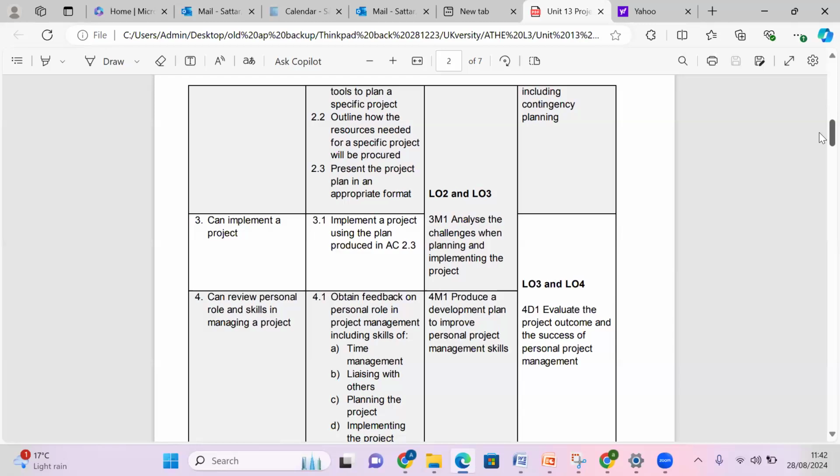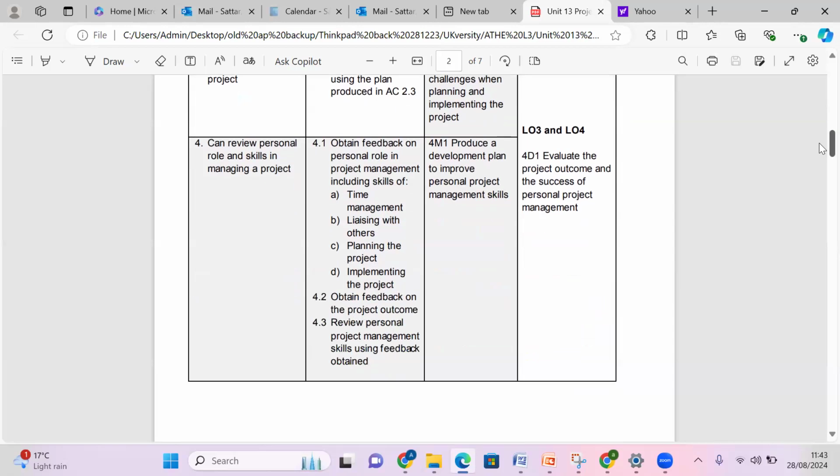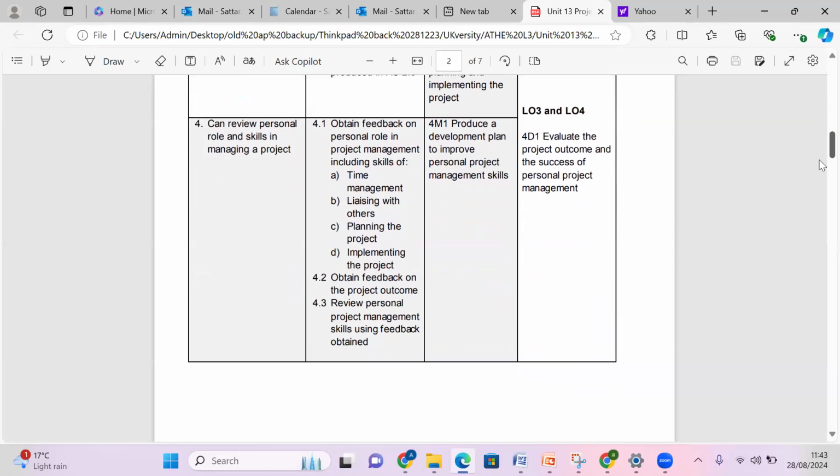It's quite good to have knowledge of project management software. I'll upload the manual, and that will also help you learn. It's good for employment, because at the end of the day we use software to manage projects. Lesson four will review personal role and skills in managing a project.